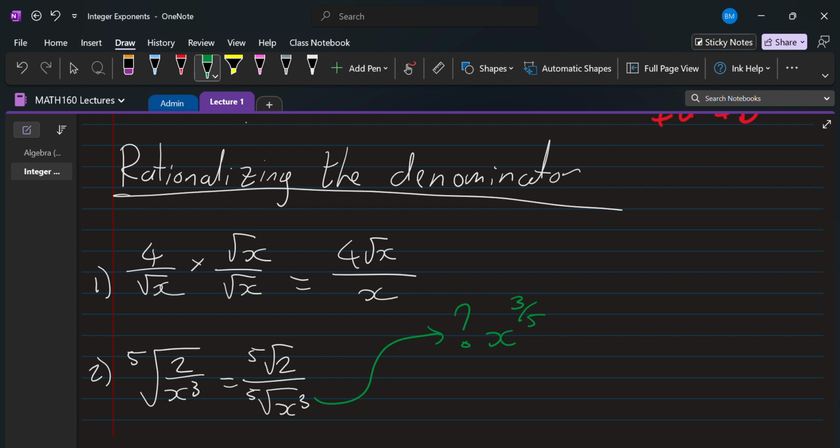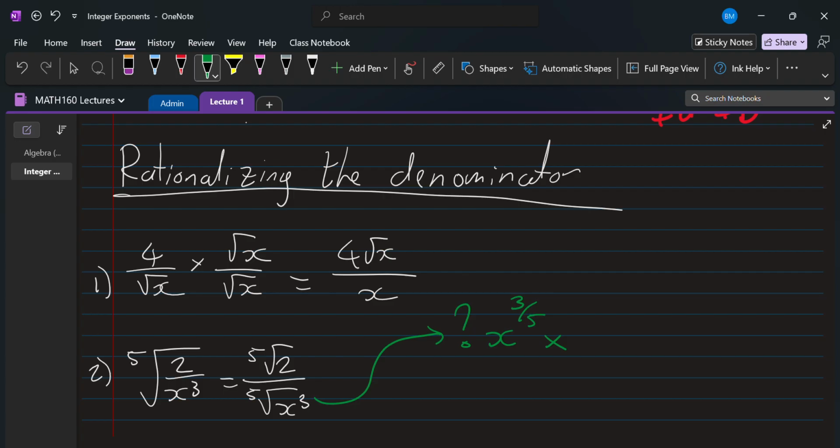Number 2, we've got the fifth root of 2 over x cubed. So the fifth root of a quotient, we can do that to the top and the bottom. So we end up with the fifth root of 2 over the fifth root of x cubed. We've got a radical in the denominator, we want to get rid of it.